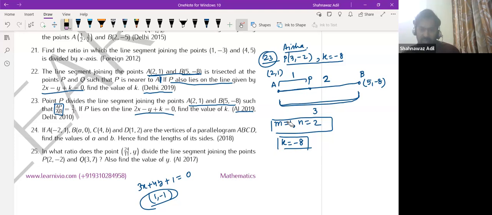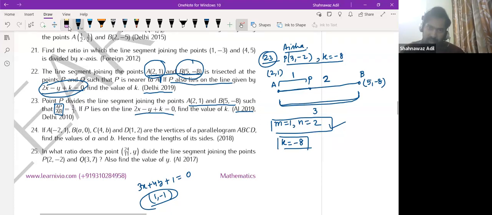Okay, so let us move on to the next question, right? I didn't do this problem because the question is exactly the same, a similar question. The values are the same, the equation of the line is the same, and the ratio 1 is to 2 is also the same.